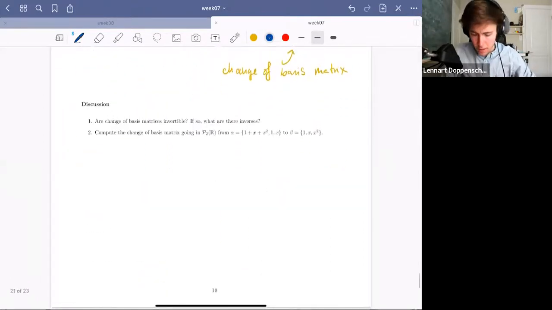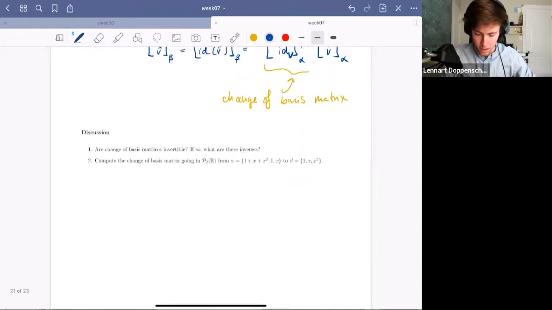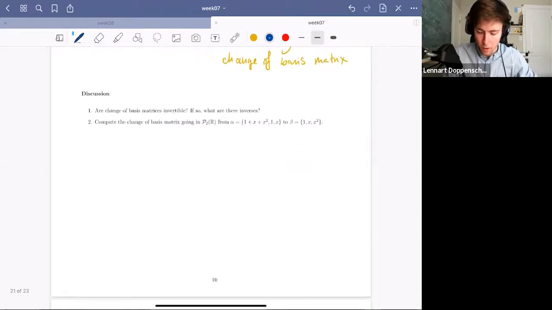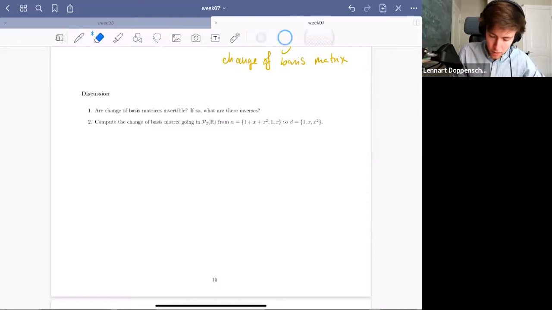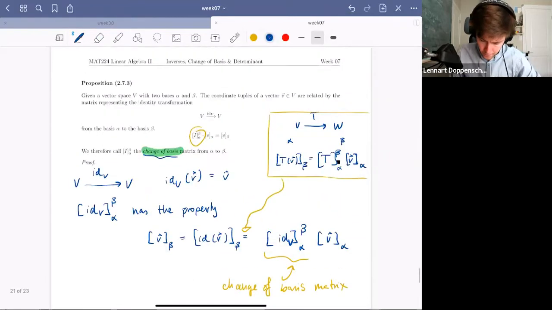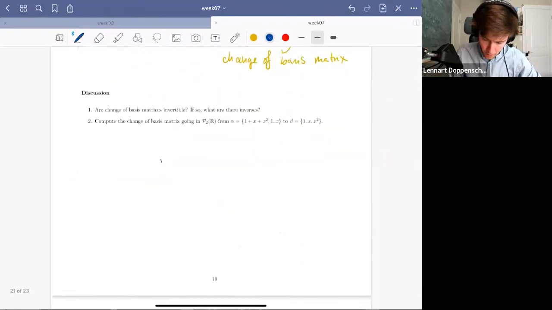There's a discussion that you can look at if you want. One of the points is that these have to be invertible. This is very interesting because what is the inverse for I alpha to beta?